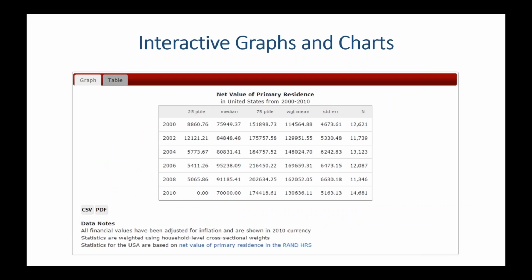So this is the net value of primary residence in the United States, and we look over the years 2000 to 2010. So you can see, looking at both the median and the mean here, that people's housing wealth really continued to increase. It increased considerably 2002, 2004, 2006.